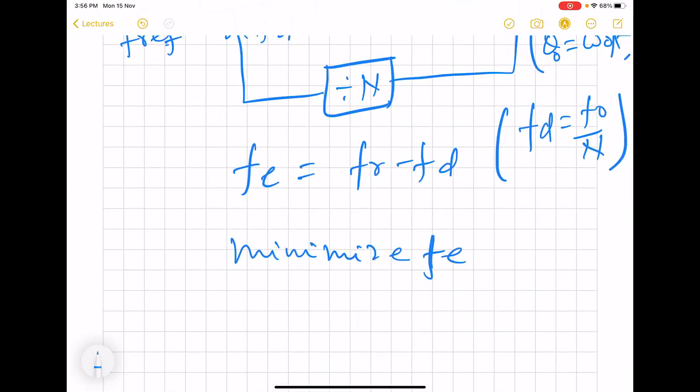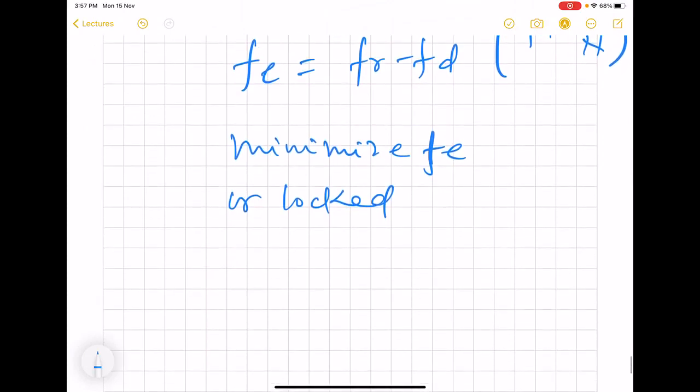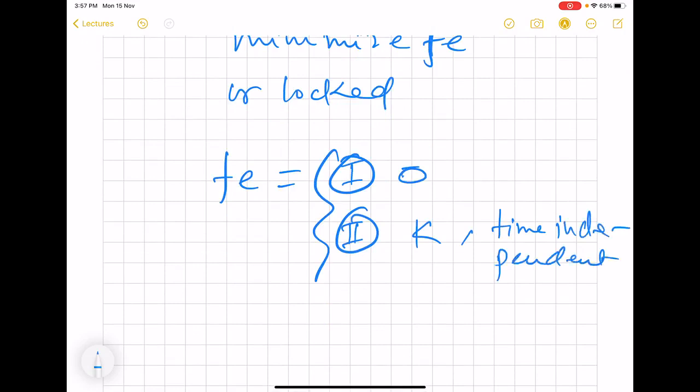That means it will try to make F error ideally equal to 0. But here also F error can have any of these three cases. Case 1 equal to 0, case 2 equal to constant, and case 3 time varying.